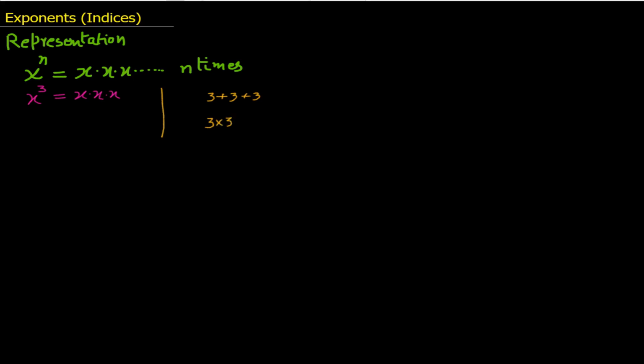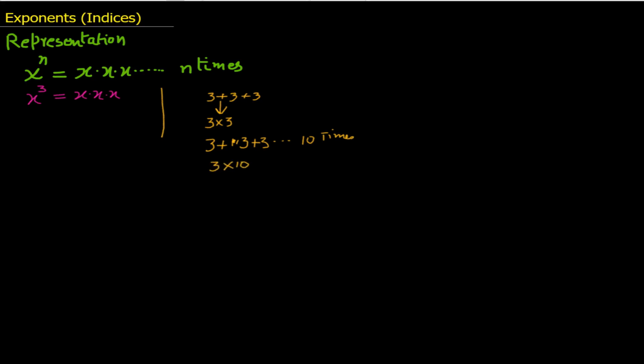So this is multiplication. From addition to multiplication, we are trying to simplify the process of addition, because if, for example, we have to add a term, let's say 3 plus 3 plus 3, 10 times, instead of adding 10 times, we say we multiply 3 with 10. So this is the process.